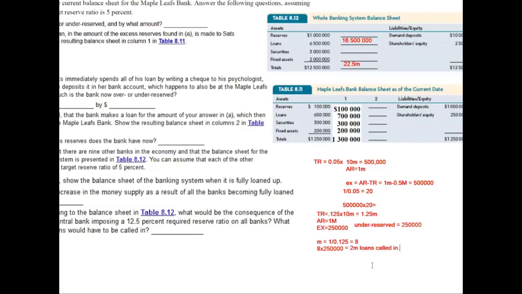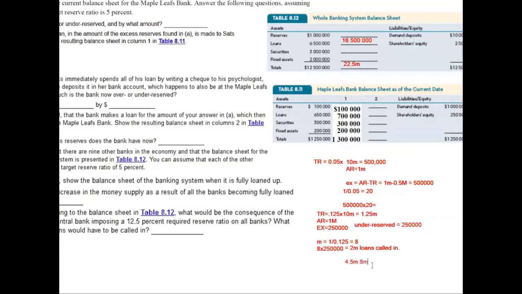Okay, so let's see, if they were able to do that, what would their new demand deposits be? If they called in $2 million of loans, we know on the left-hand side they would have $4.5 million in loans, and the demand deposits then would have to reduce by that amount. And so we would be left with 8 million.